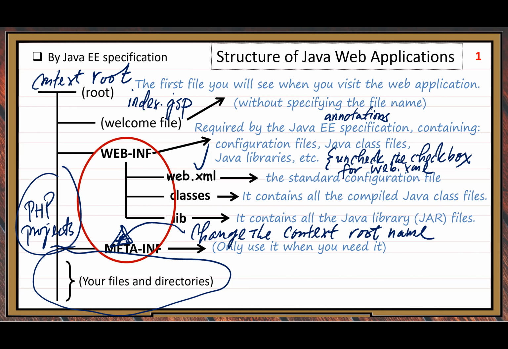Then when you run this web application, that name will be used as the context root. So that's one way to use it. Other than this special case, for the whole class we won't use META-INF anymore.